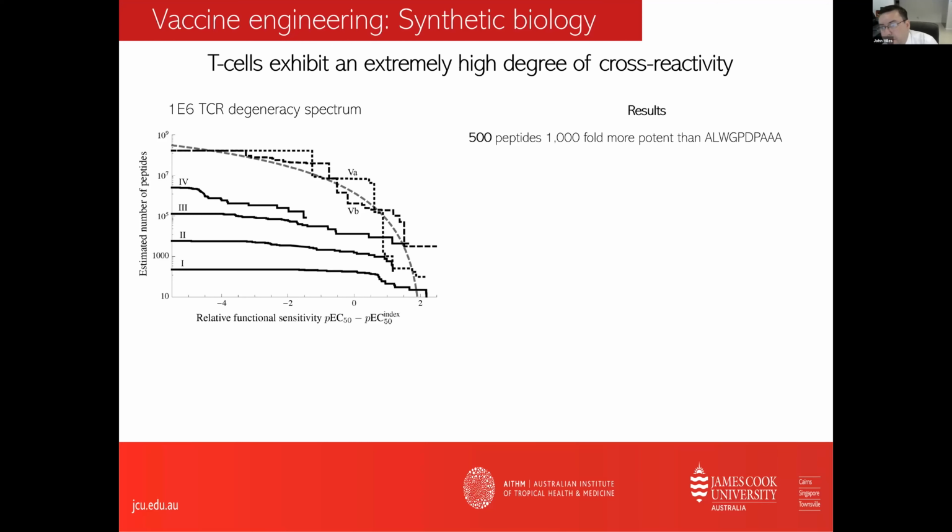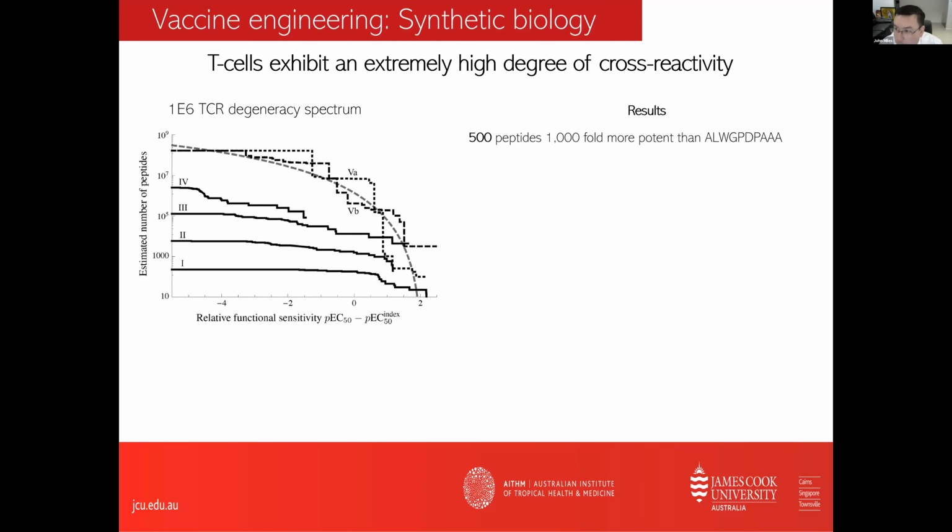So we found 500 peptides 1,000-fold more potent than the wild type, 60,000 peptides 100-fold more potent than the wild type, and 1.3 million peptides as or more potent than the wild type peptide.